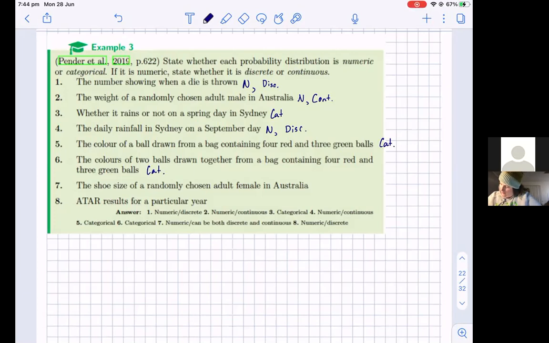Shoe size, look, it's numeric. It could be discrete or continuous, whether you regard it like 40, 41, size 9, size 10, size 11, or if you consider size 9, 9.5, 10, 10.5, you could argue either way.